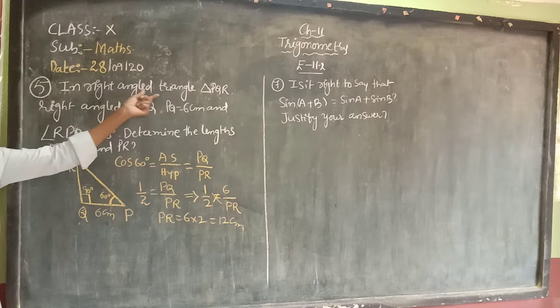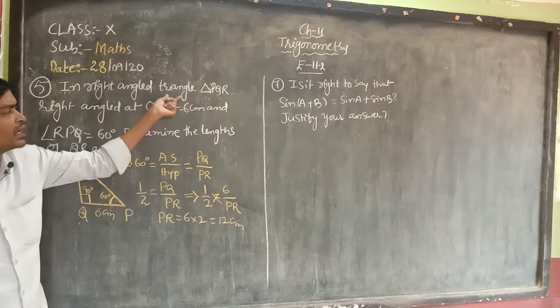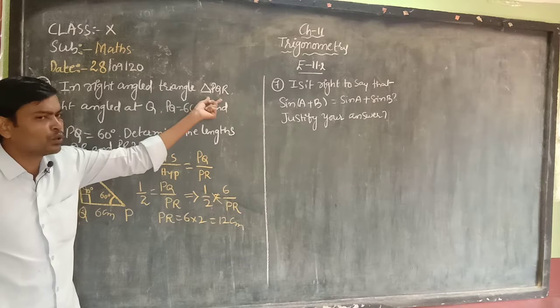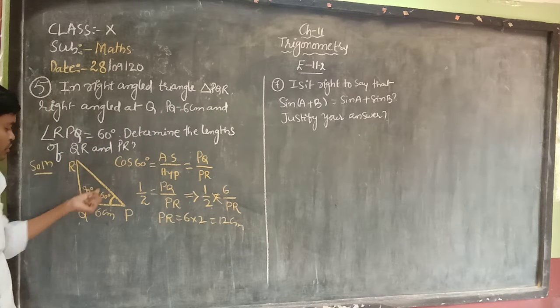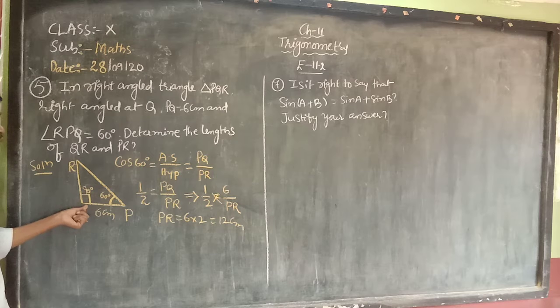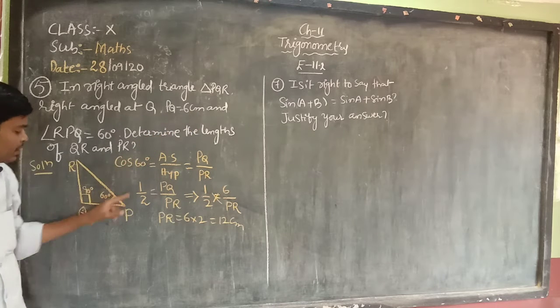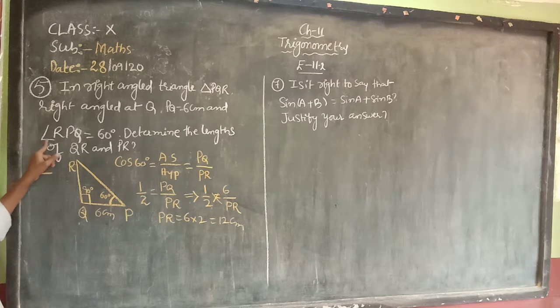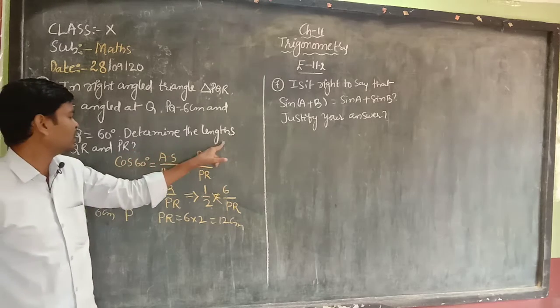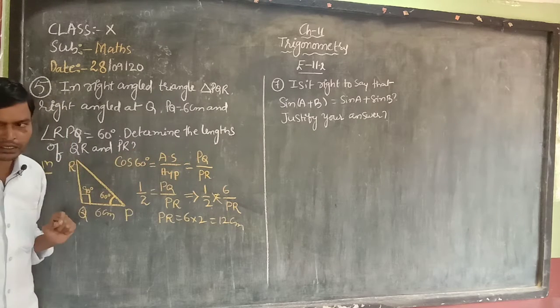You see here in the given question, in right angled triangle PQR, right angled at Q, and PQ is 6 centimeters, and angle RPQ is 60 degrees. Determine the lengths of QR and PR.